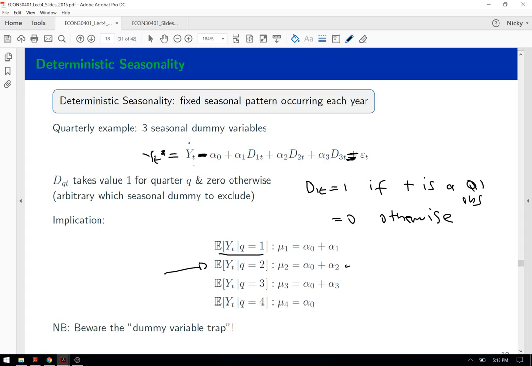This could then be our new variable. This is now all the variation in y over and above the mean. So there is no seasonal change in the mean now of this new transformed variable. Okay, so this is one way we could seasonally adjust the data if we thought the only seasonality came from change in the mean.